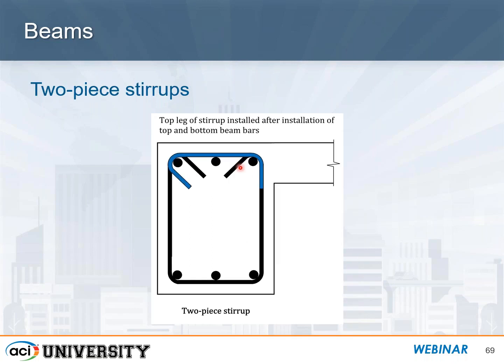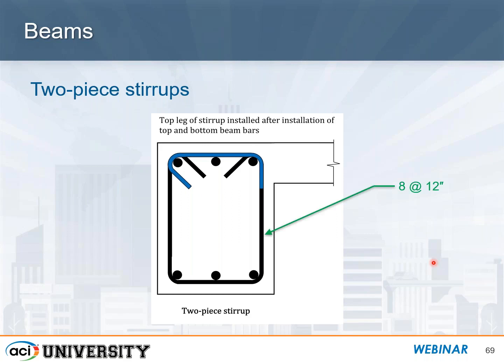It's by far easier to have a stirrup that consists of two parts, your outer stirrup with 135-degree hooks that are connected to the two end bars, and then a cap with a 135 and a 90 at the end. If it's pre-assembled, it doesn't matter. But if these are being built in the field, then this two-piece stirrup arrangement is much easier for overall constructability and placing in the field.